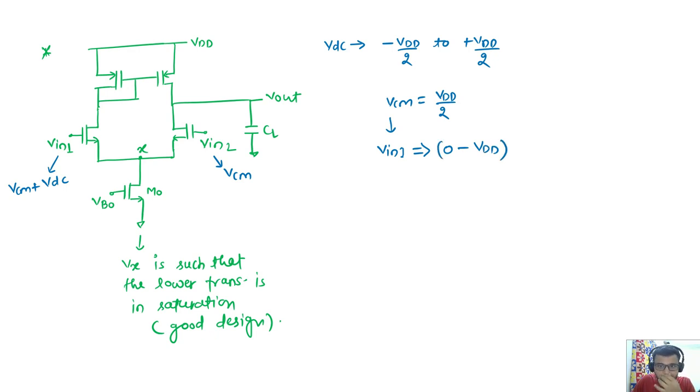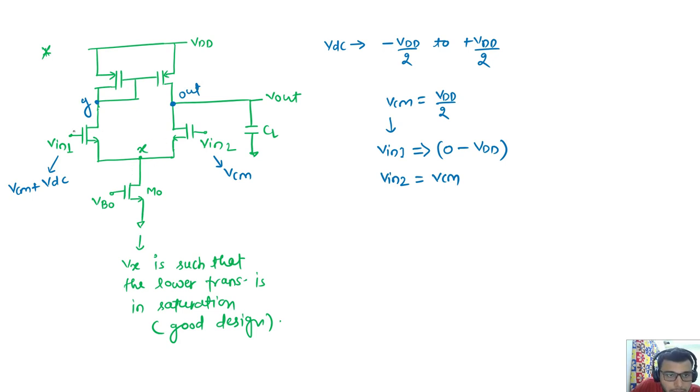So this is the total variation of V in 1, and input 2 is constant, which is VCM. Okay, so what will happen at this node, what will happen at the output node Y, and what will happen at the X node?